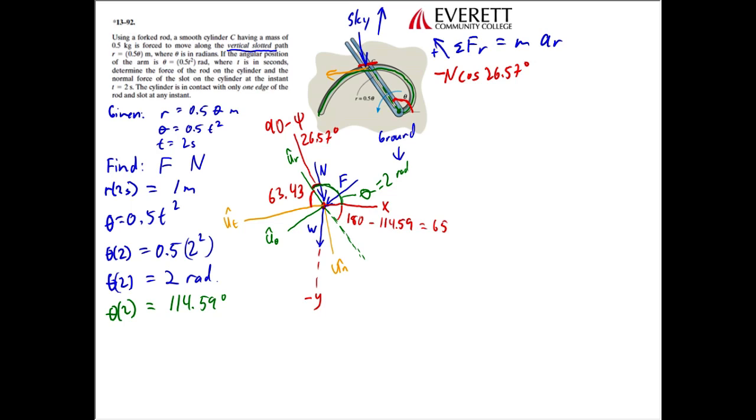We also know that the x and y directions are 90 degrees apart, so that allows us to find this angle, which would just simply be 90 degrees minus the 65.41. And that ends up being 24.59 degrees. So I'm going to erase some of this just to make the drawing a little neater, because there's been a lot of angles on here.